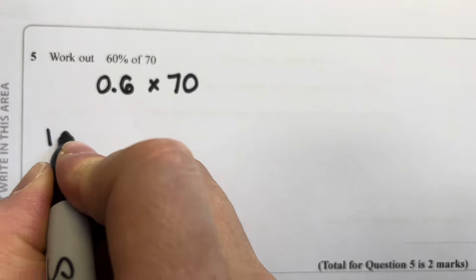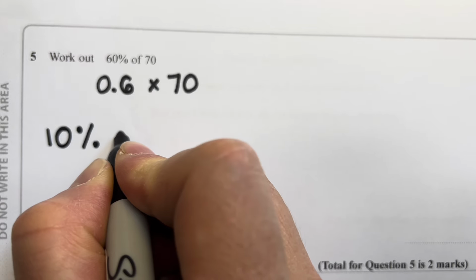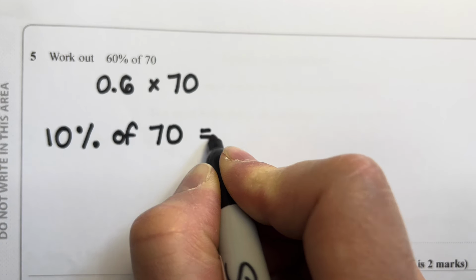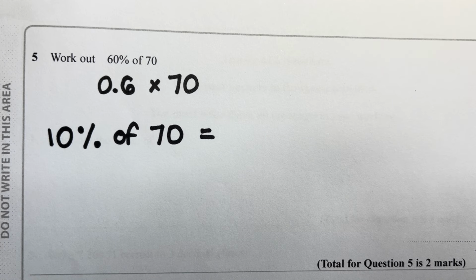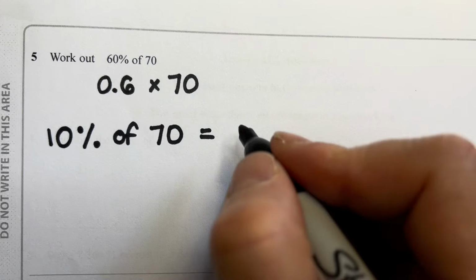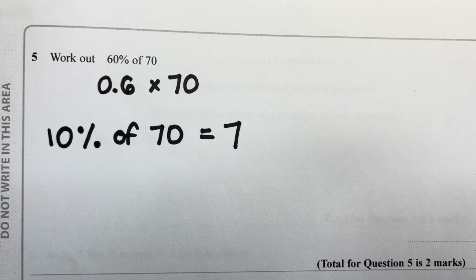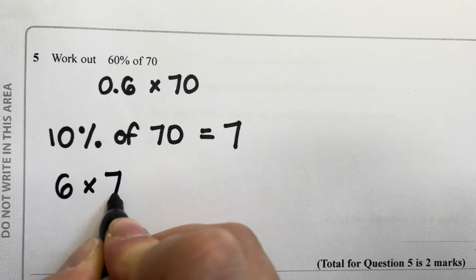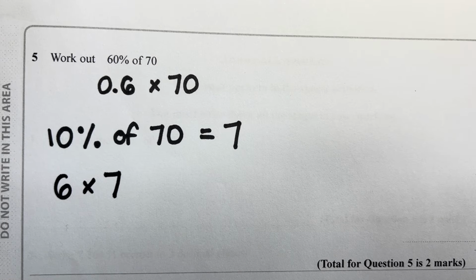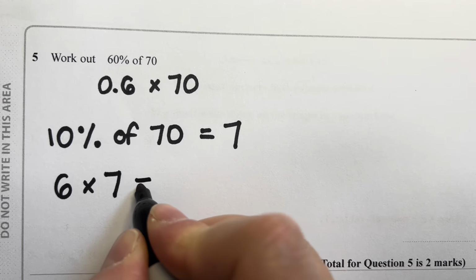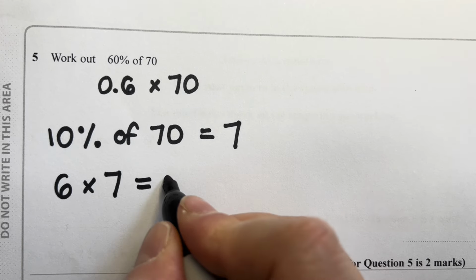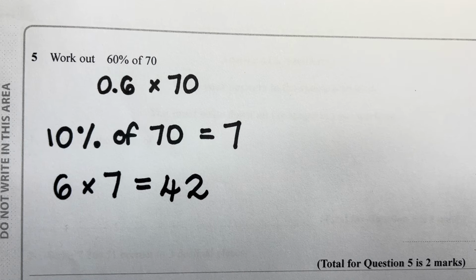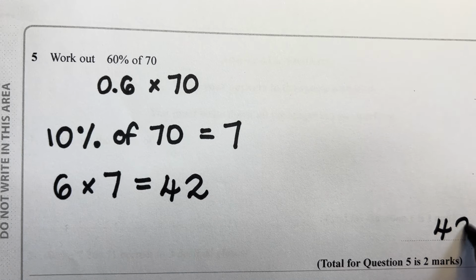And for this, we'll find 10% of 70, and we find that by dividing 70 by 10. And then we need 6 of those 7s so that we have 60% altogether. So the final answer is 42.